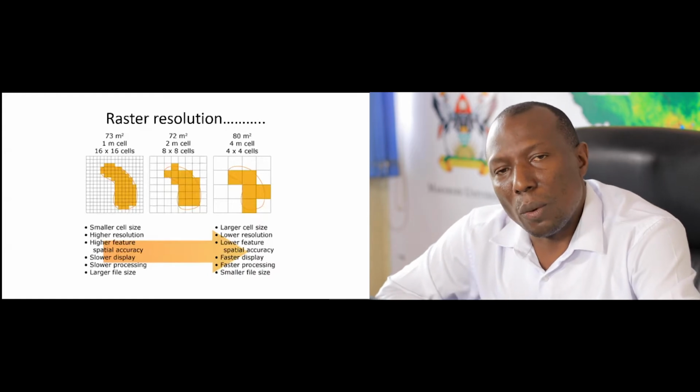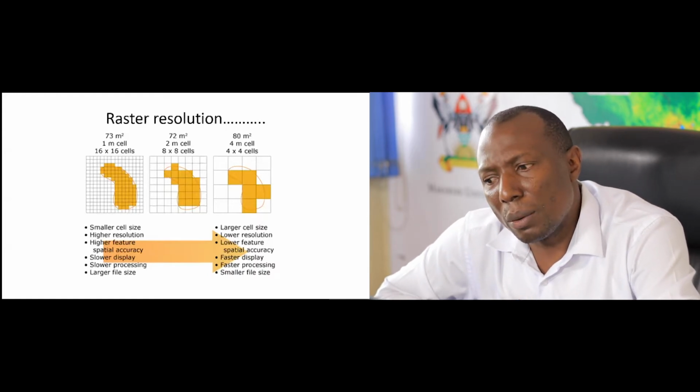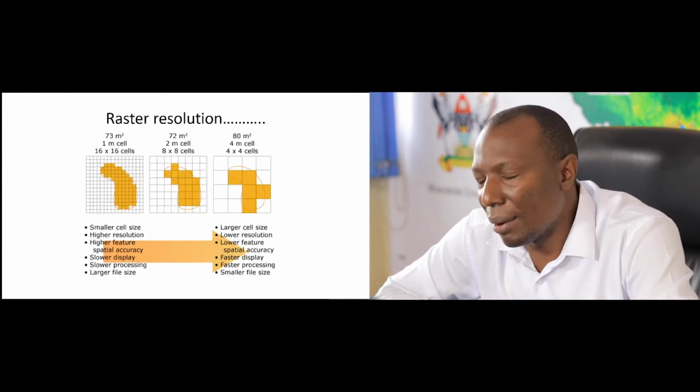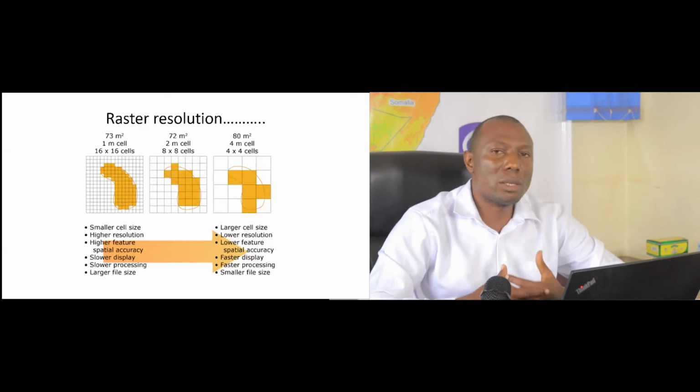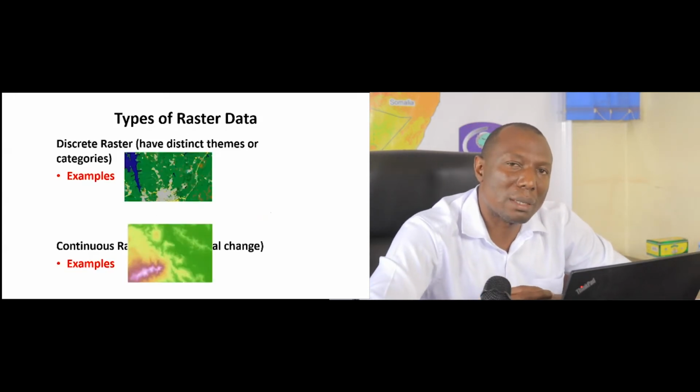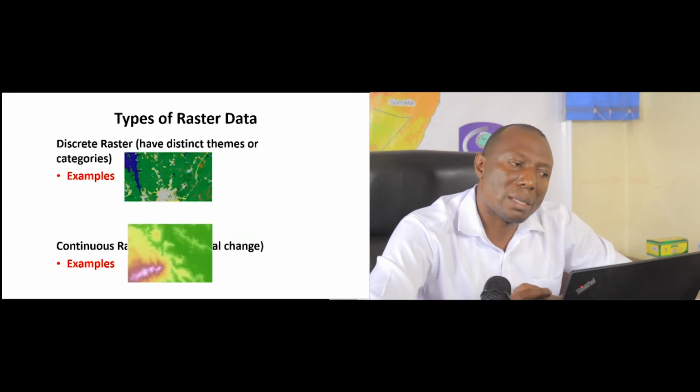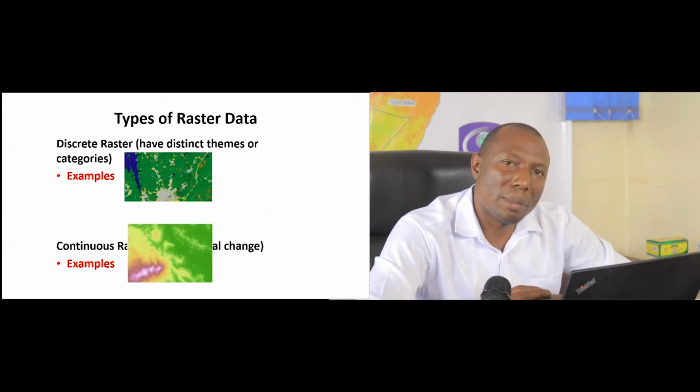Now, when we talk about rasters here, we are talking of two types. We have a discrete raster and then a continuous raster. What is a discrete raster? When I take an image using my phone or camera, that image is what we refer to as a discrete raster.